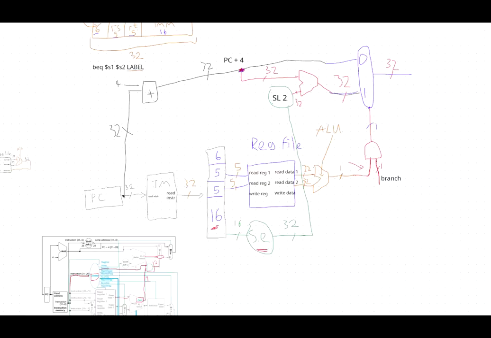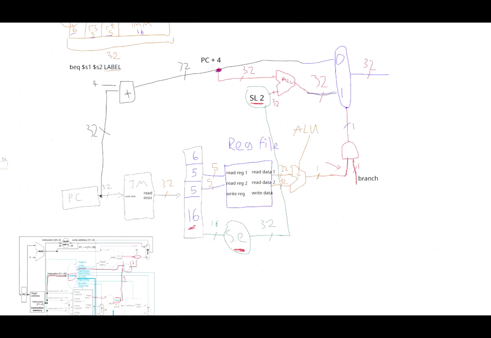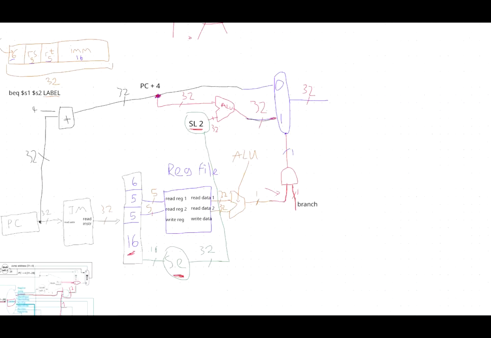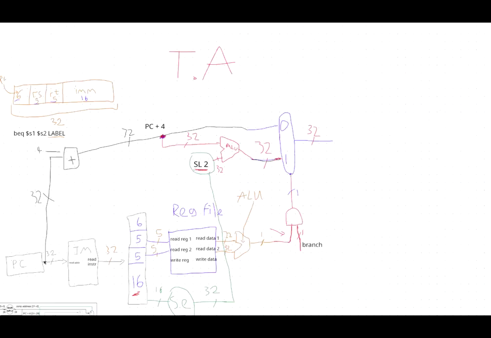After you sign extend it, you shift left two, and then you add it with the PC plus 4, or you just put it in the ALU with the PC plus 4. And then that becomes the one input in our multiplexer. And then the other one is the 0 input, PC plus 4 here.